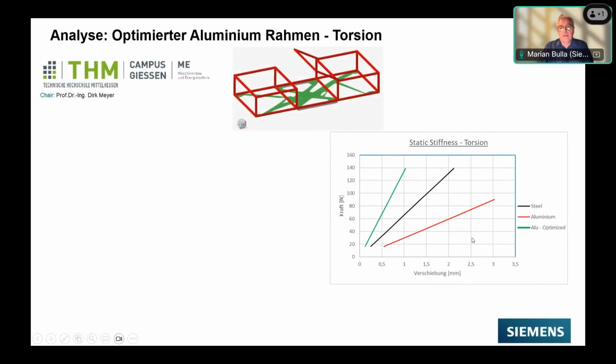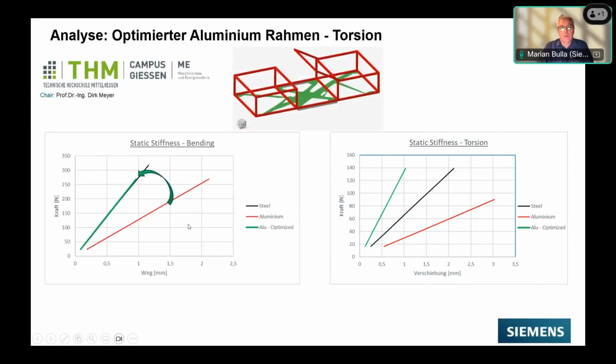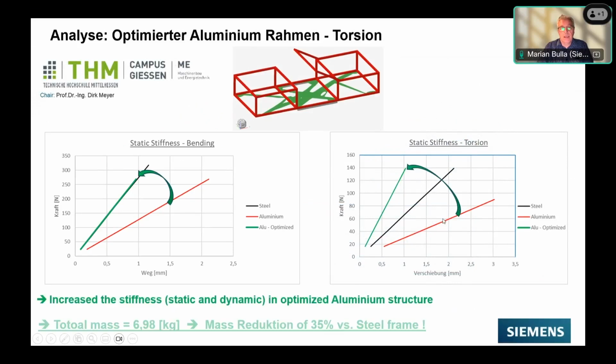After the optimization efforts, I was able to increase the stiffness to meet the stiffness of steel, and the same for the torsional stiffness. But the mass is still a little bit increased to close to 7 kilograms, which means a total overall reduction of 35% versus this very simple steel frame. And this is usually how the workflow is done in the industry, by these kinds of material substitutions.